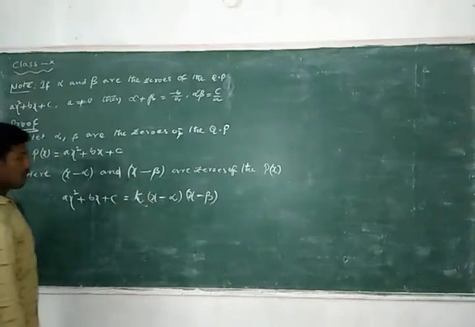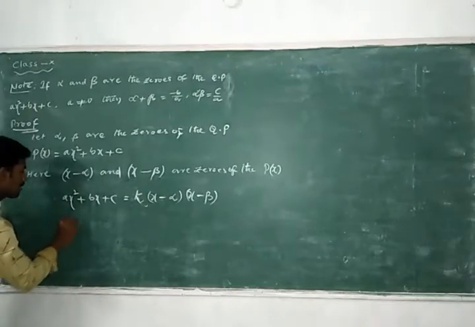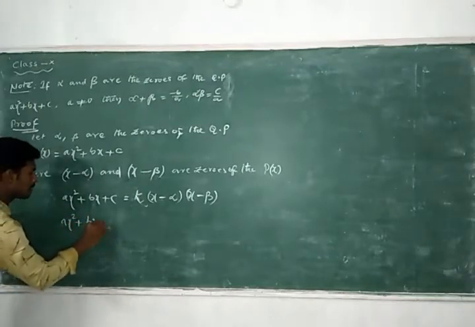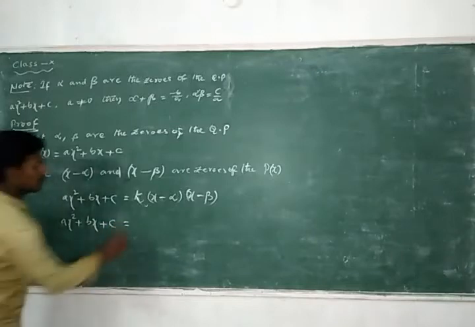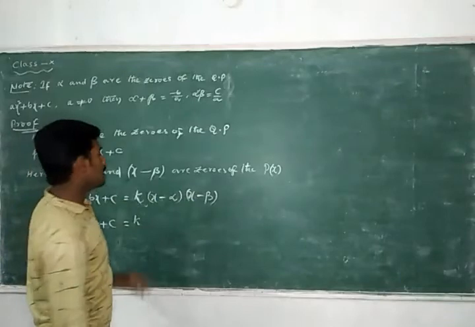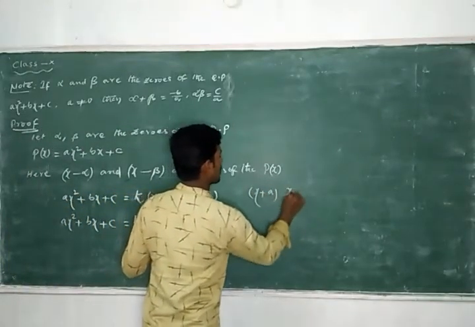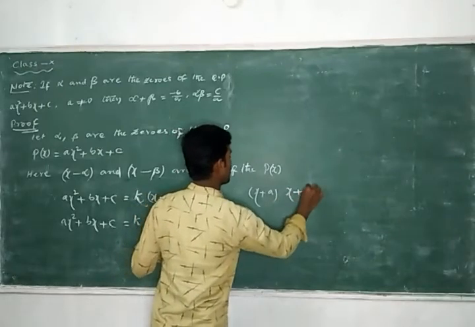Now we can write ax square plus bx plus c is equal to k into x minus alpha, x minus beta. It is like x plus a and x plus b.